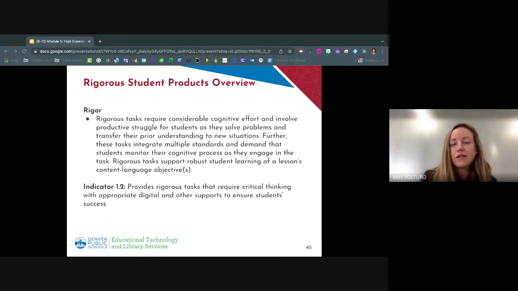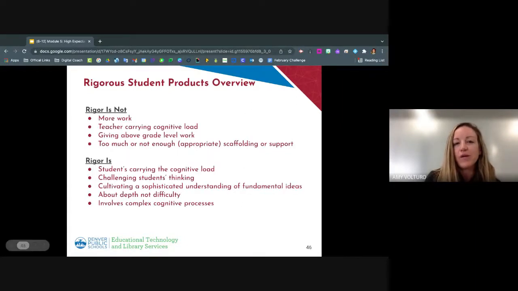Okay, so as you can see, we're going to be talking a lot about what rigor looks like, how to incorporate it into your lessons today, how to really give the cognitive load to the students and really engage them in some critical thinking and strategic thinking. So that is our goal for this strategy session today. And then we're going to go through what rigor looks like.